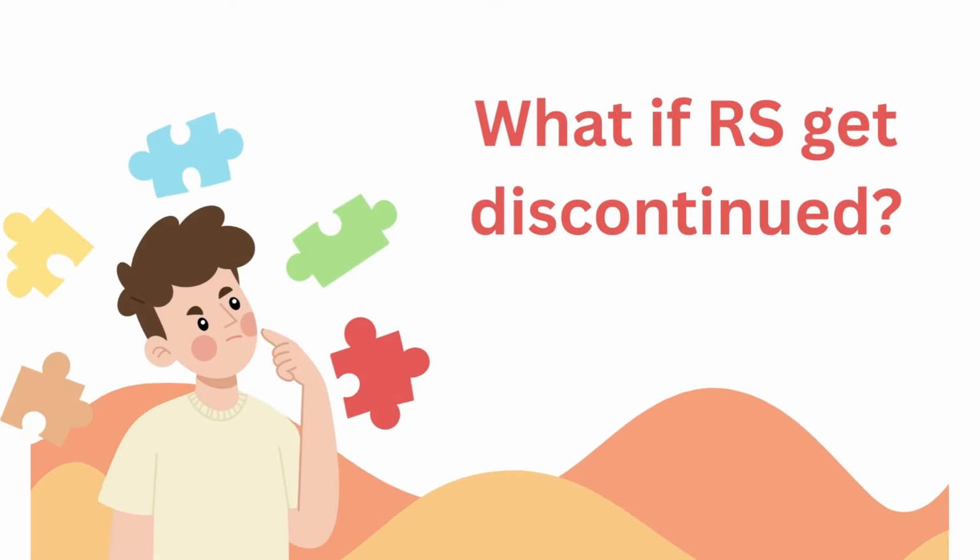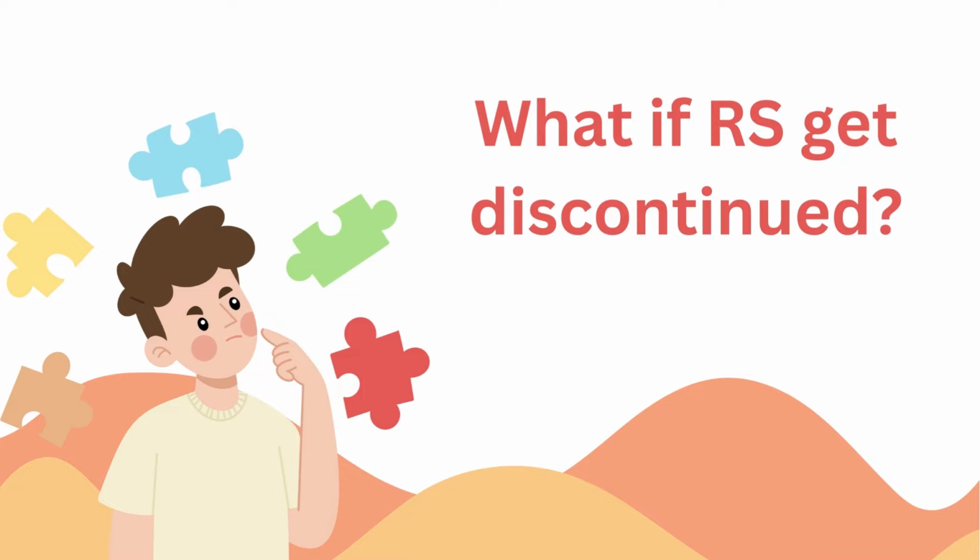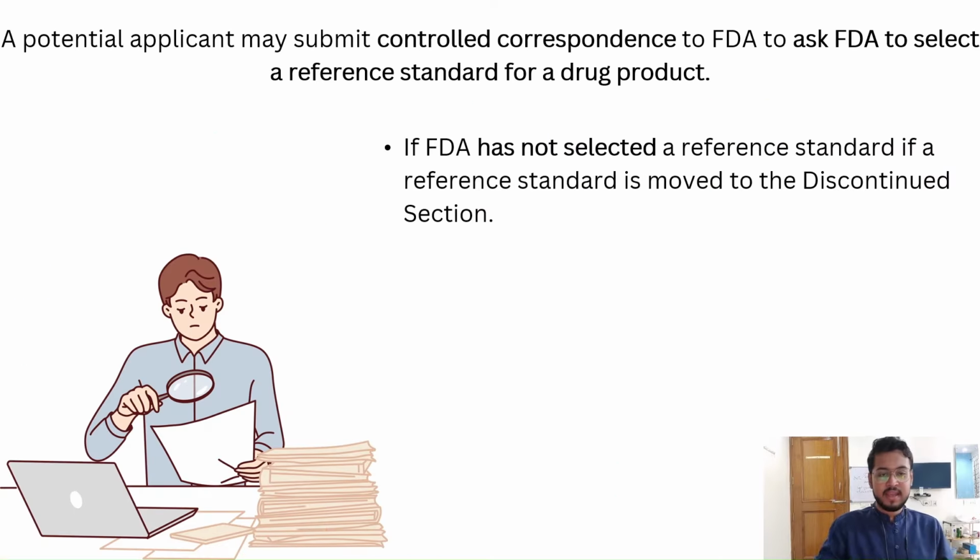Now, what if your RS gets discontinued from the market? Then what to do? In that case, if the RS also gets discontinued from the market, the FDA generally selects a new RS or a new previously approved drug. But in case the FDA has not selected one, the applicant can ask the FDA through a control correspondence for a new reference standard. And there are also other cases where the applicant can ask the FDA to select a new RS.